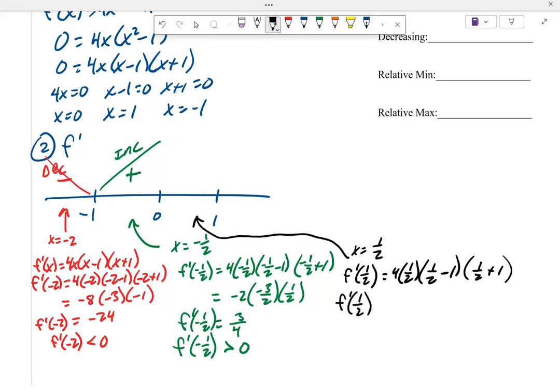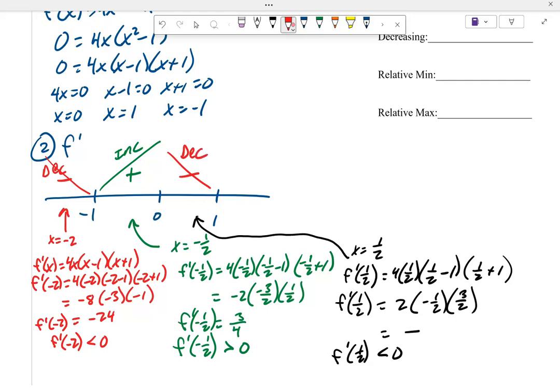So when I plug a half in, I get a positive 2, a negative a half, and a positive 3 halves. So a positive times a negative times a positive is a negative number. So f prime of a half is negative.